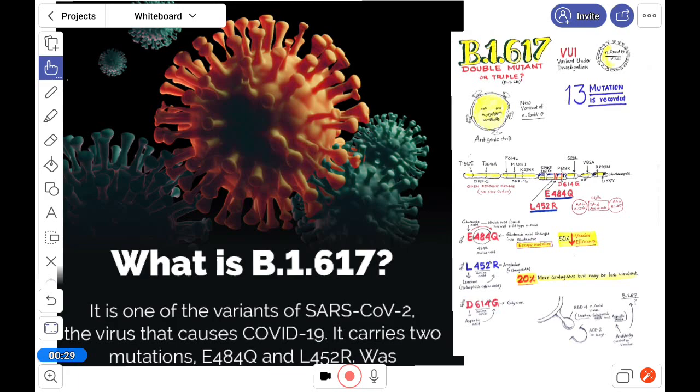This is called B.1.617. Let's learn what the double mutant and the triple mutant actually mean, and how it is different from the previous coronavirus. Okay, we can start.